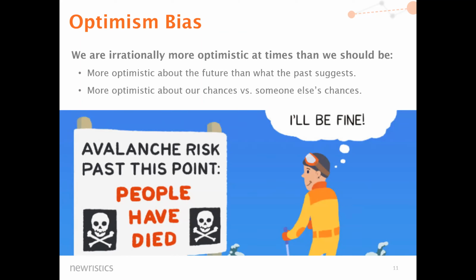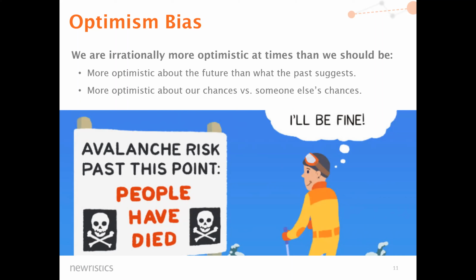Optimism bias. What is optimism bias? It's a bias that makes you want to be more optimistic at times in your life than you really should be. There are times when you are irrationally optimistic, when you really should be pessimistic about your chances of something happening or not happening.